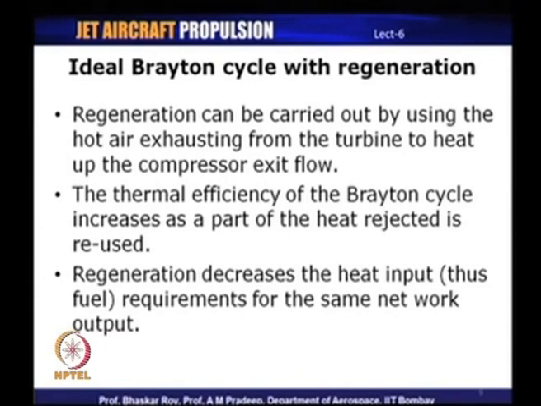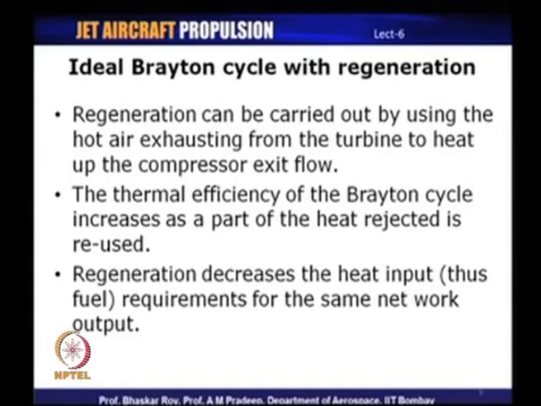In a Brayton cycle, regeneration can be carried out using the hot air exhausting from the turbine to heat up the compressor exit flow, or one could heat up the fuel going into the combustion chamber, so that we recover part of the heat which would otherwise be lost.